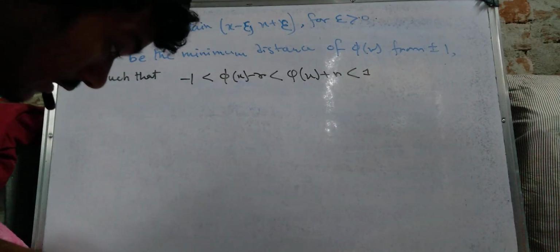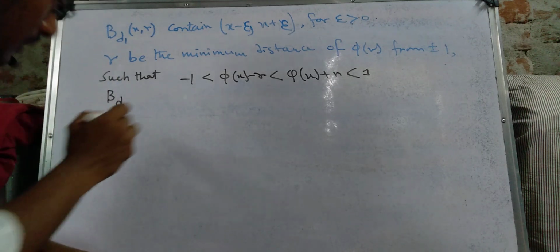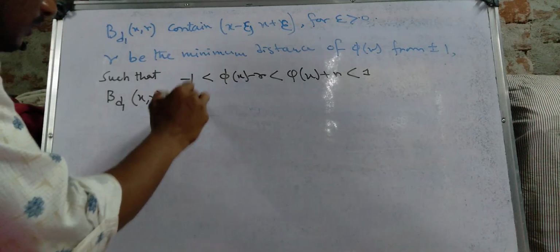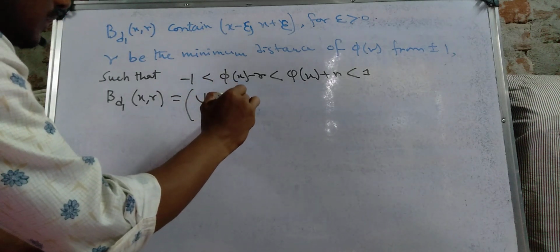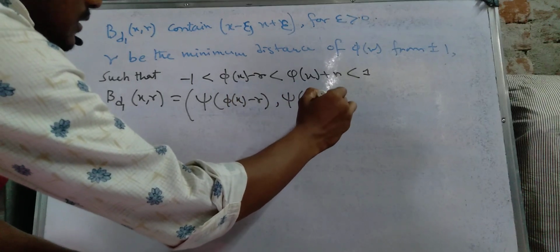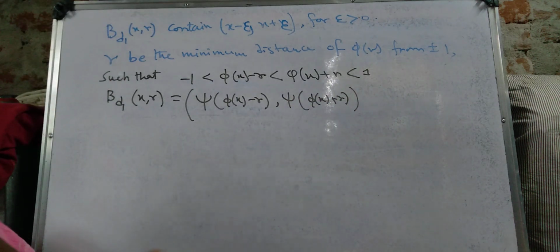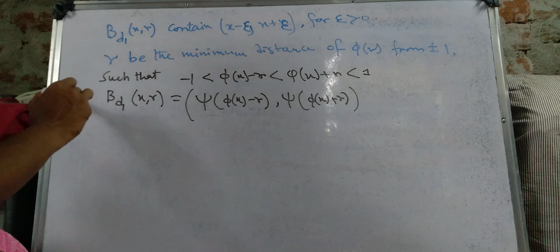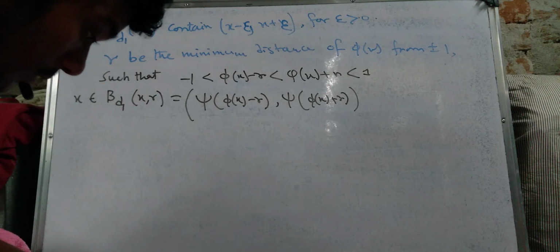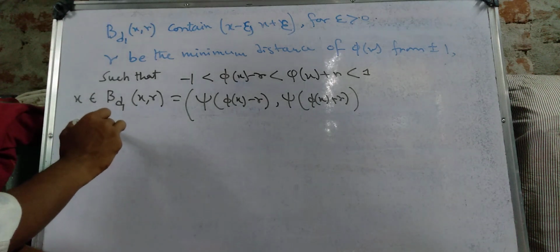Okay, then B_d1(x, r) equals (psi(phi x minus r), psi(phi x plus r)), okay, is an open interval containing x.